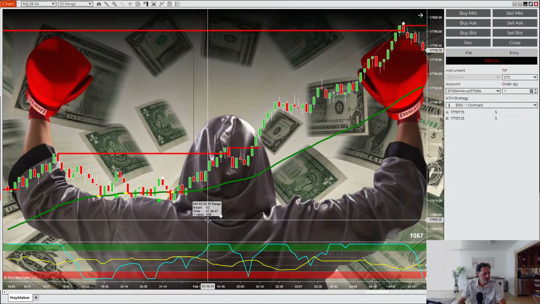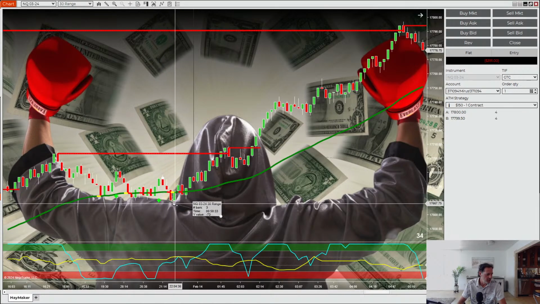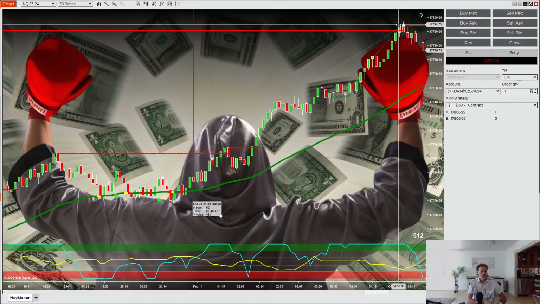439 ticks. So if you had a strategy set up where you said, okay, I'm willing to take 75 ticks of loss, I'm going to do this on a calculator, 75 times 4, 300.